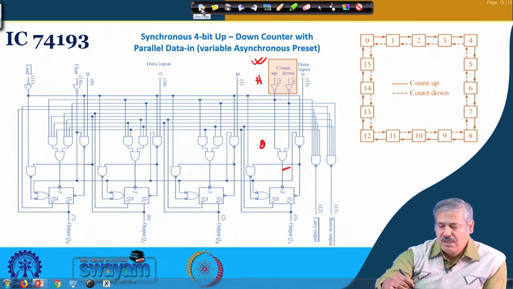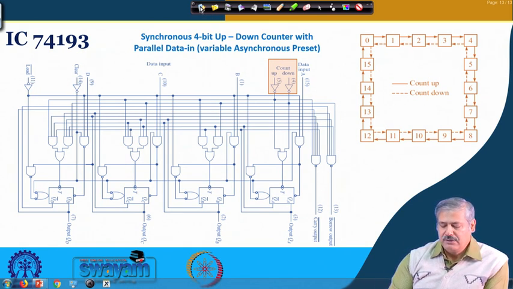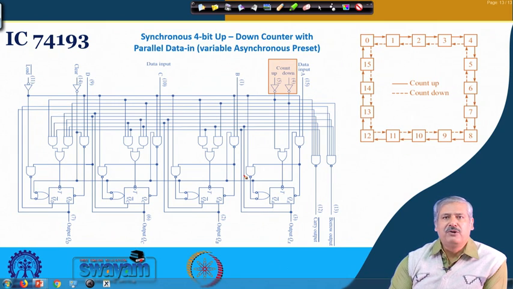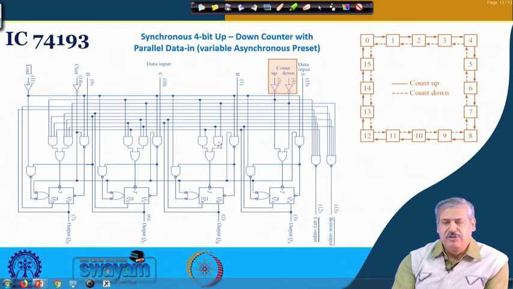The other important thing here is that the uncomplemented outputs QB, QC, QD, QA will take part when we are going for up counting, and the complemented outputs will participate when we are going for down counting. Basically they need to be ANDed.